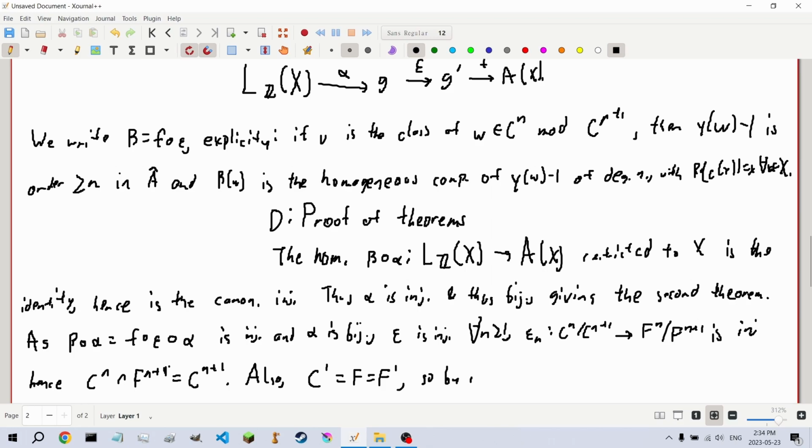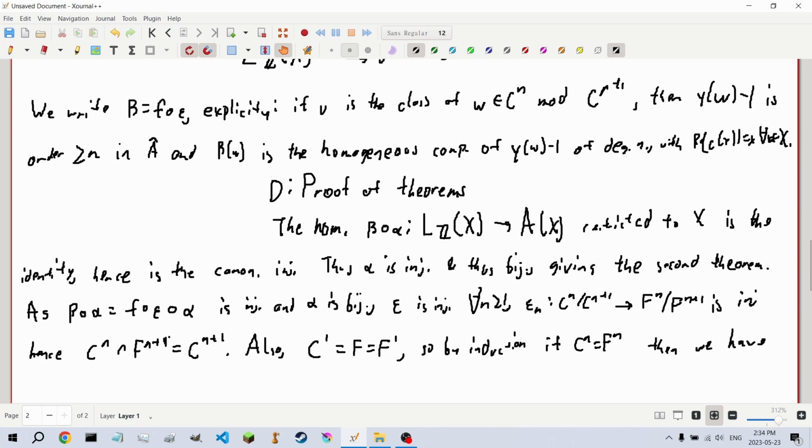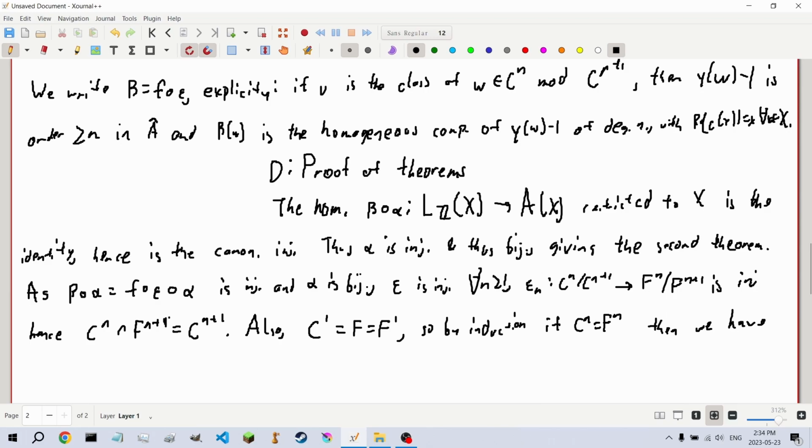So by induction, if C^n equals F^n, then we have that the intersection of C^n with F^(n+1) is just F^(n+1). So C^(n+1) is our F^(n+1), which is our first theorem.